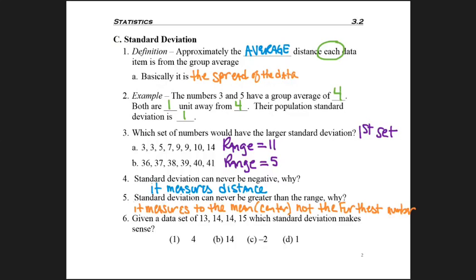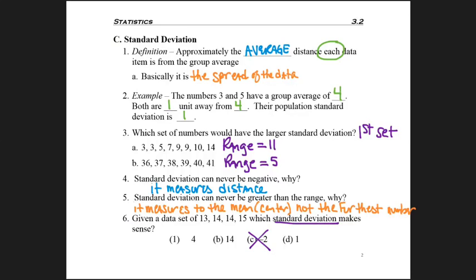And then what about question 6? In question 6, we're given a set of 4 numbers, 13, 14, 14, and 15, and asked which standard deviation makes sense. Now, right away you should throw out the negative one. The 14 seems a little large, but 14 is the mean, and we're asked for the standard deviation.